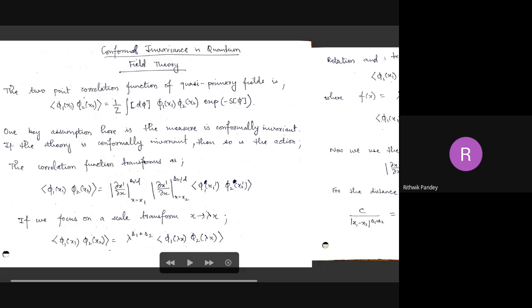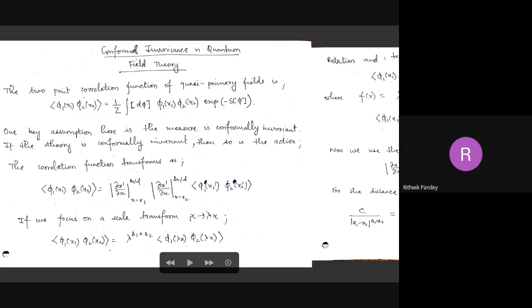The correlation functions transform in the following way. These are just the transformation relations for the quasi-primary fields, and you can see very easily that these are the same relations that I wrote down before. Now what we are demanding is conformal symmetry. Scale invariance is a part of it.